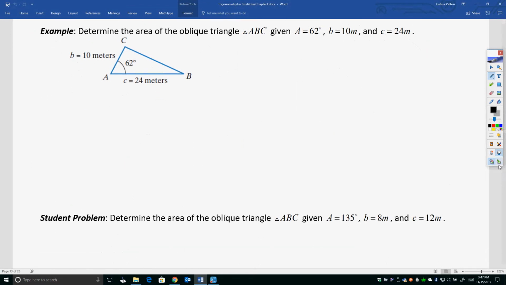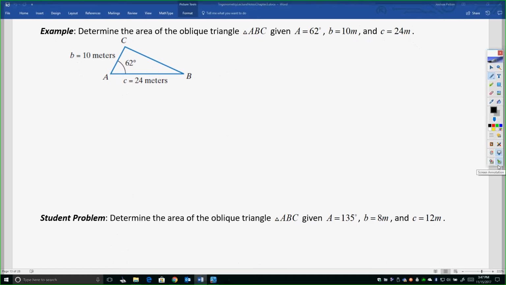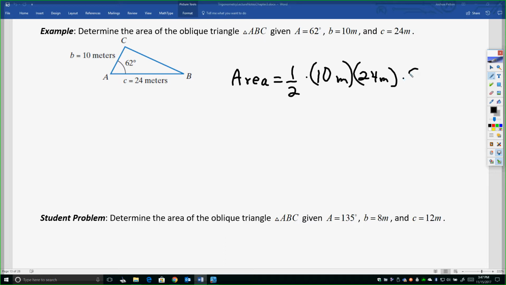For the example, the diagram is given, but the diagram is typically not given when you do these problems. So the area here, if I do the problem, is 1/2 times the two sides which are given, which are 10 meters and 24 meters, times the sine of the included angle, right?